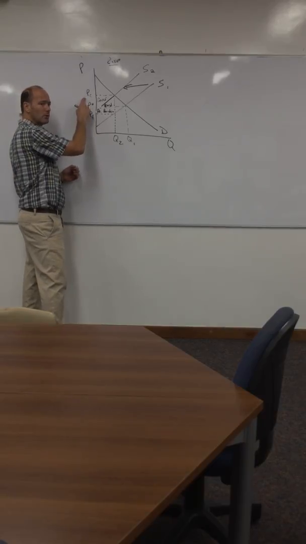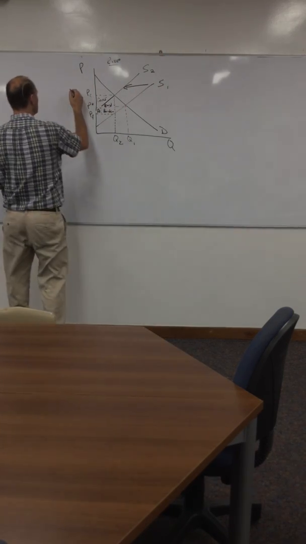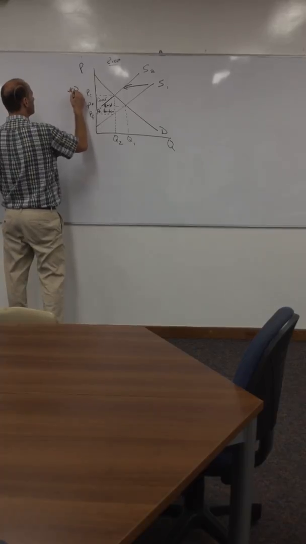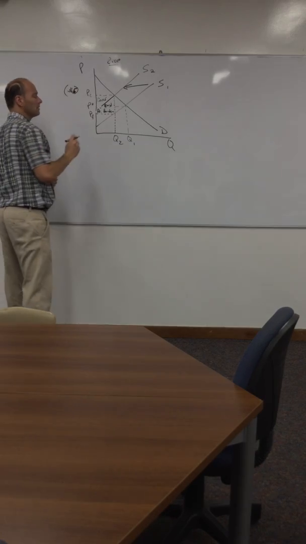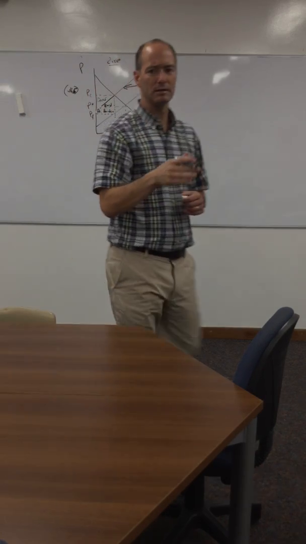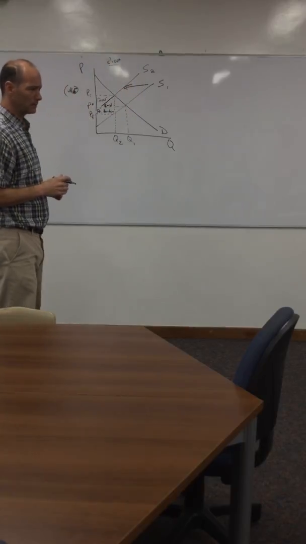Now, after the consumer pays the business, say it's a $2 tax per unit, and this is $5. The consumer pays $5 with a $2 tax, and so the firm sends $2 off to the government.